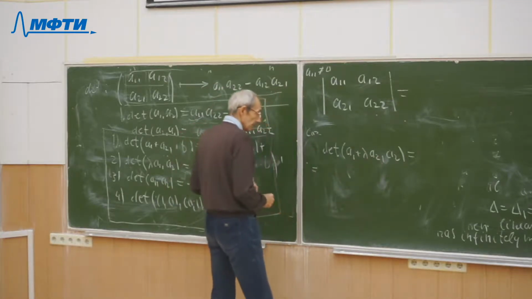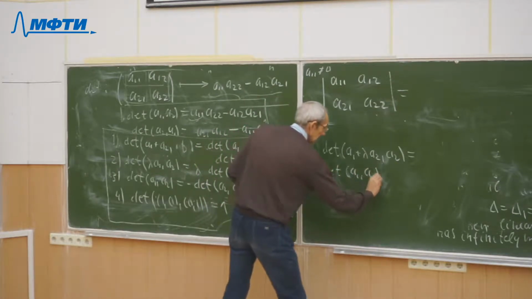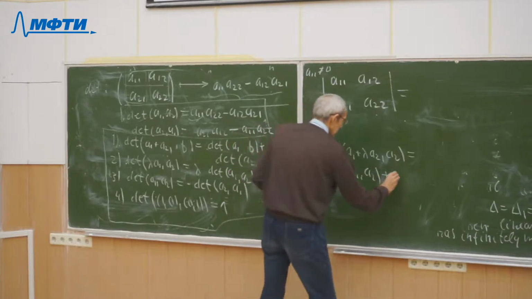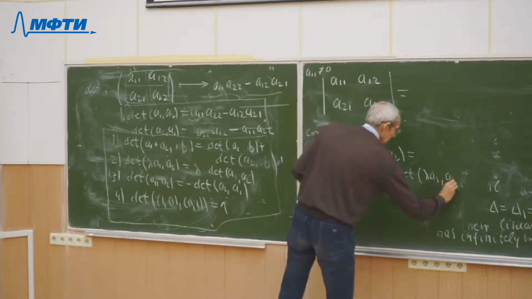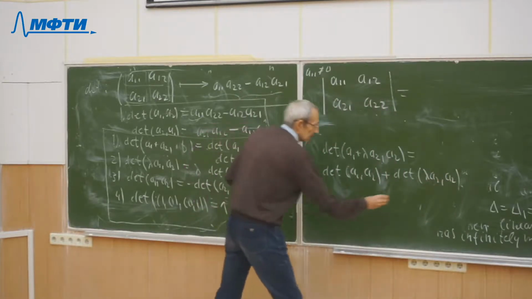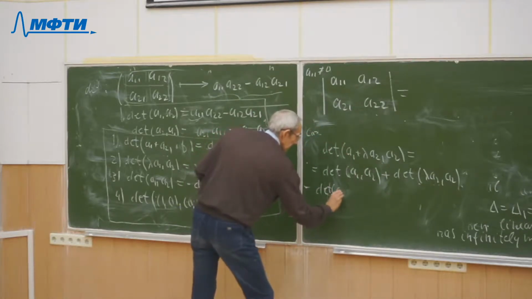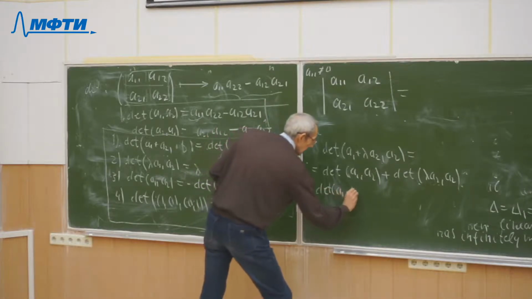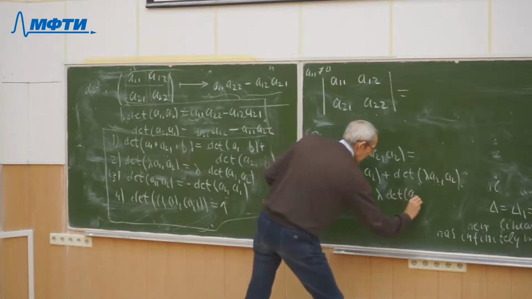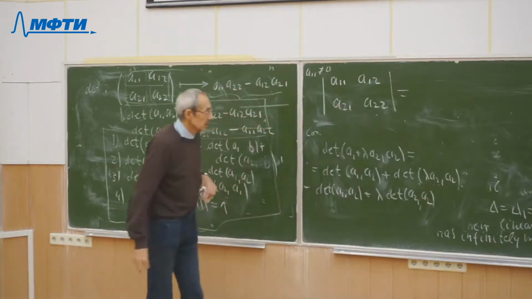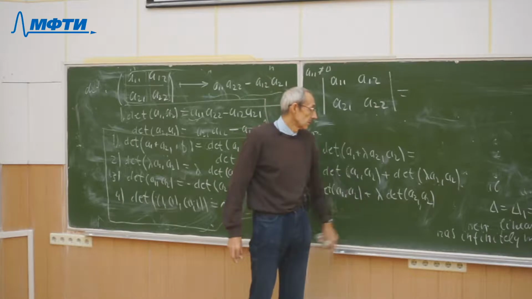Using the first property, we obtain the following equality: determinant of A1, A2 plus determinant of A1, lambda A2. And the second determinant we can rewrite in the following form. And we obtain a determinant with equal rows.